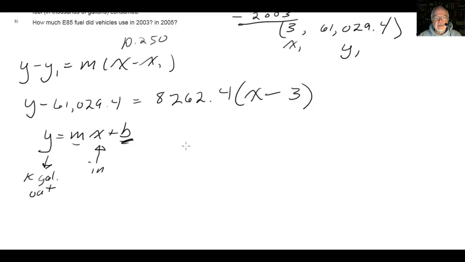So let me rearrange. The first thing I got to do is get rid of the parentheses. Remember PEMDAS?